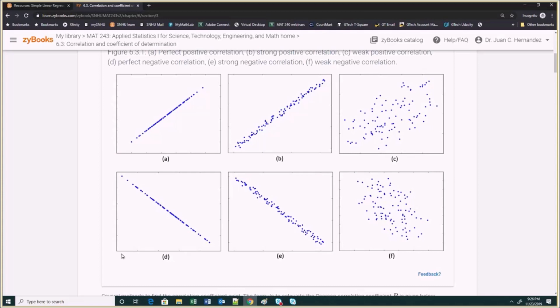So one is increasing, the other is decreasing, so we have a negative correlation. Again, in this case, we have a negative correlation, although it's moderate because now the points tend to lie not on a straight line, they tend to vary a little bit. And in the last case, you still have a negative correlation, however, the points are sort of spread out. So you have a negative correlation, but it's weak.